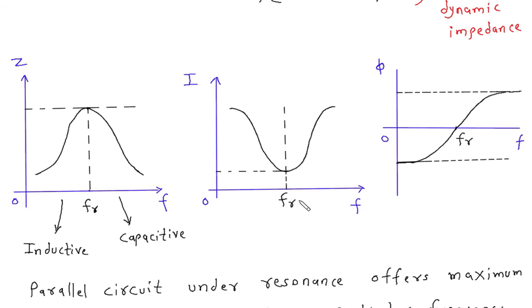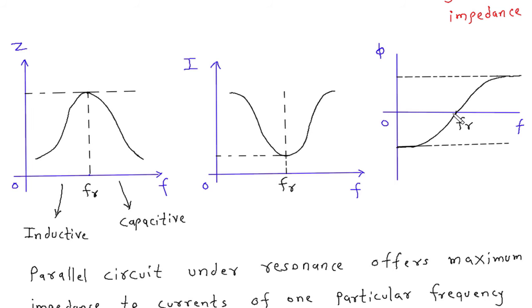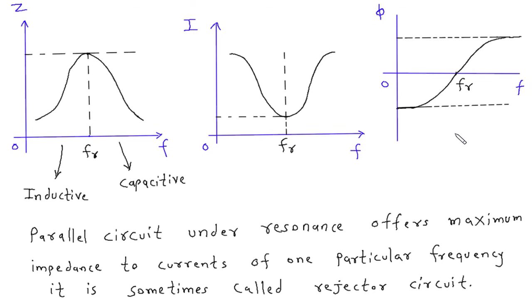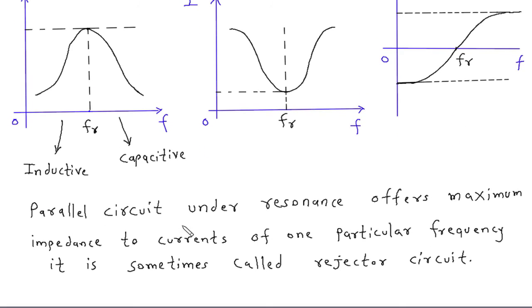At resonant frequency, the current is minimum, and this is the graph plotted between phase angle phi and frequency. So at fr, the phase angle is 0. Parallel circuit under resonance offers maximum impedance to currents of one particular frequency. It is sometimes called a rejector circuit.